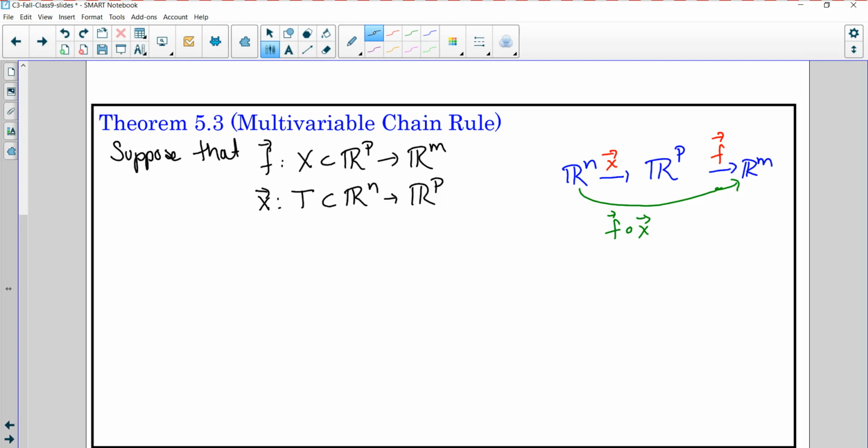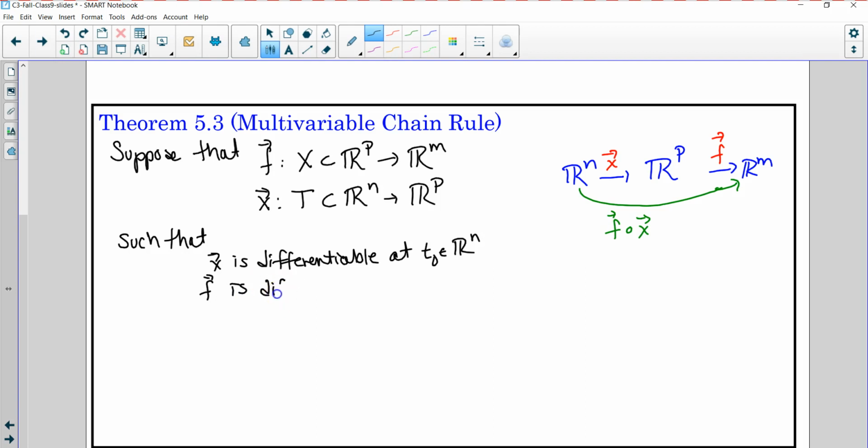So we have these functions such that x is differentiable at t naught in R^n, and f is differentiable at x of t naught, which is going to live in R^p. Okay, alright, so those are our conditions.